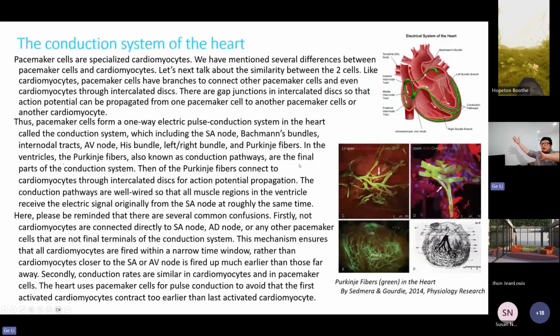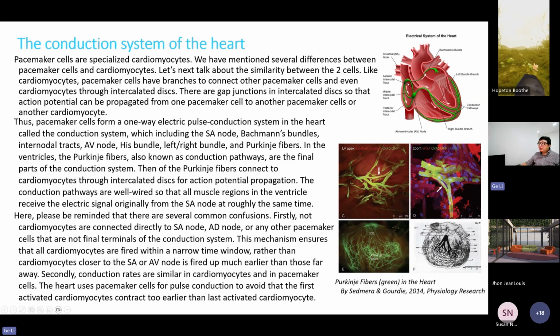But all those 10,000 pacemaker cells join together and connect to form what we call the conductive system of the heart. We already mentioned it a little in our first class, and today we talk about it in more detail. In general, there are two nodes here, the SA node and the AV node. The SA node is on the top of the right atrium, and the AV node is between the right atrium and the right ventricle.